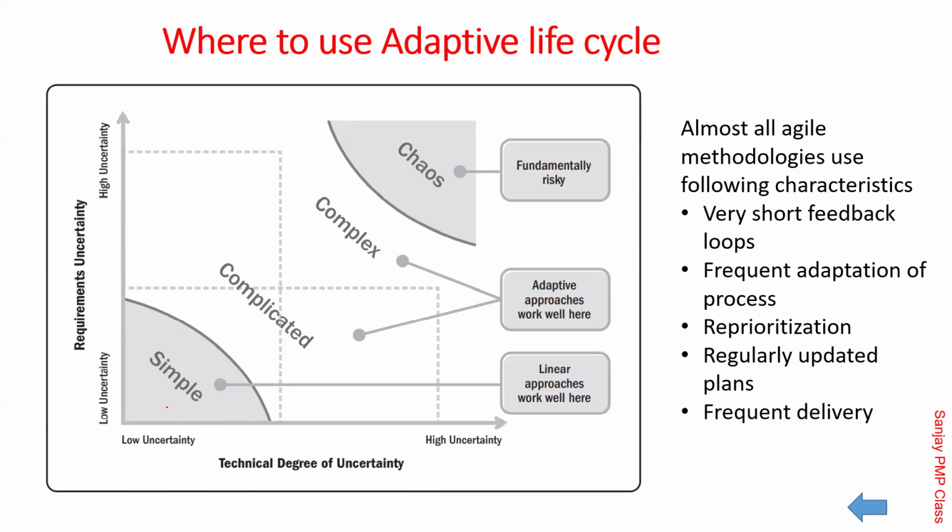Rather than taking expensive resources, you would probably recruit certain freshers and train them. Obviously it will save cost, but for that you should have an opportunity to see into the future, and seeing into the future is possible in predictive, not in adaptive. So if your requirements are fairly certain and your technology is fairly established, go with the predictive life cycle.